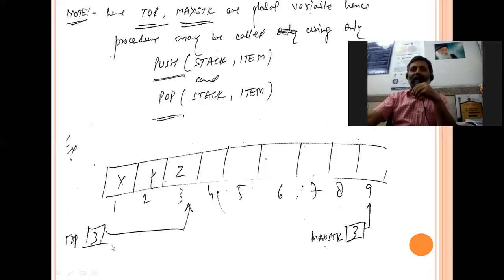In the same way, if you want to delete, then the value of top will be decremented from 3 to 2. So that is top is equal to top minus 1. Just by incrementing and decrementing, we can push and pop the element. So this array will behave like a stack. And suppose the size of the array is 9, then max stack is 9.